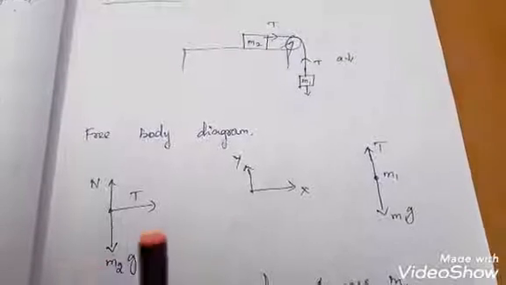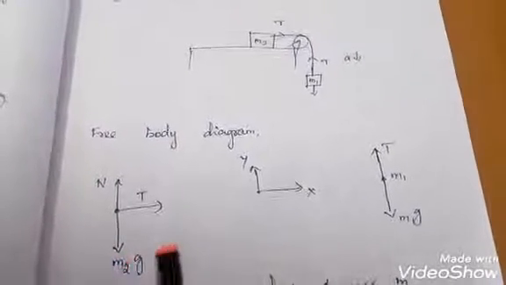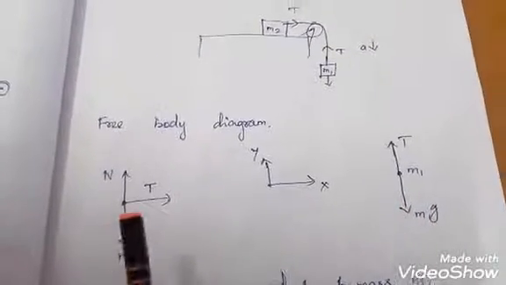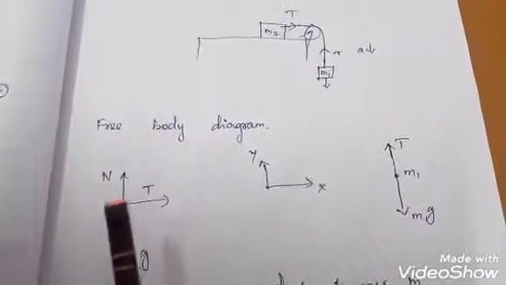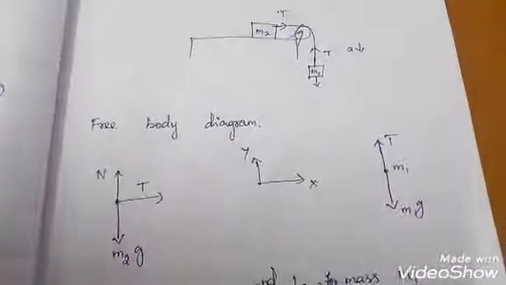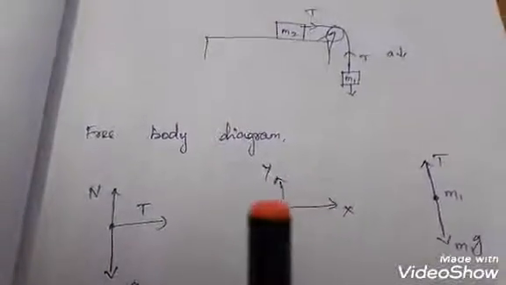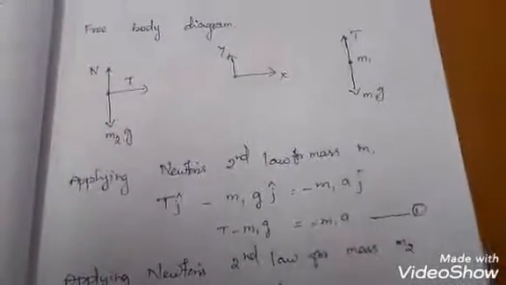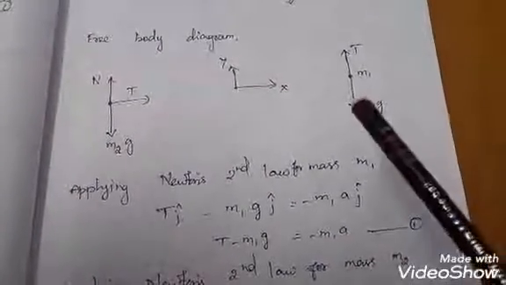First we draw the free body diagram. Free body diagram for mass m2 and this for mass m1. Here we use the normal force, the force exerted on the surface, so we use the normal force in the upward direction. First we apply Newton's second law for mass m1.